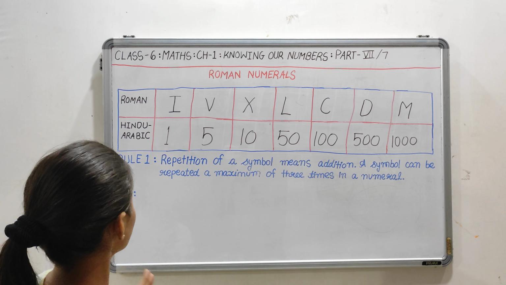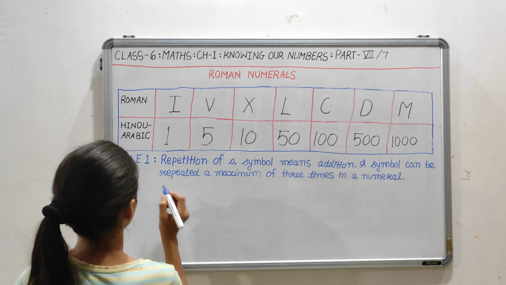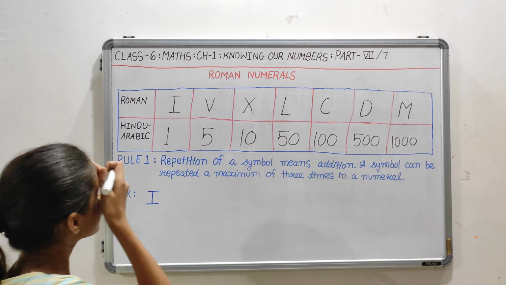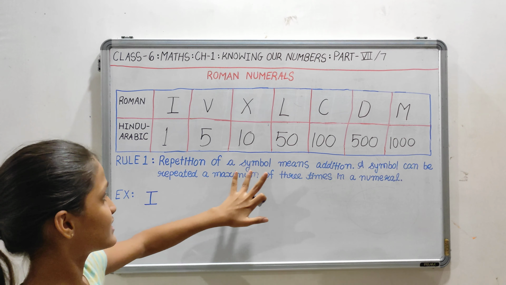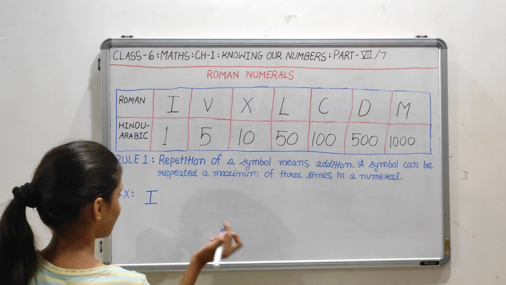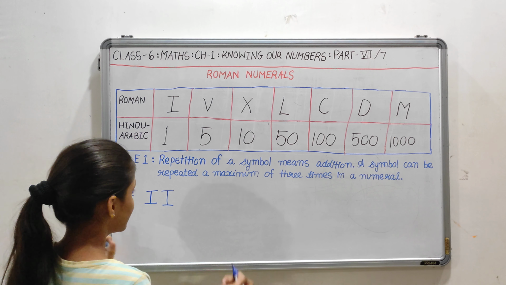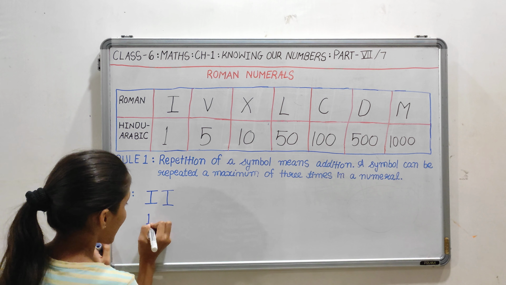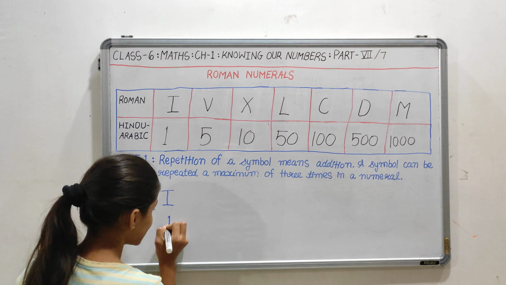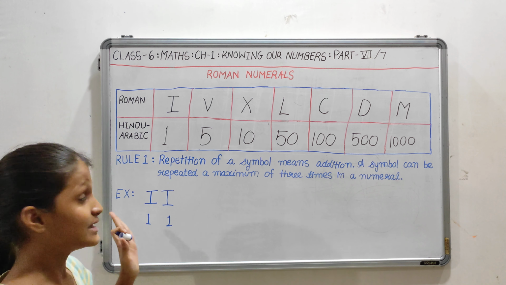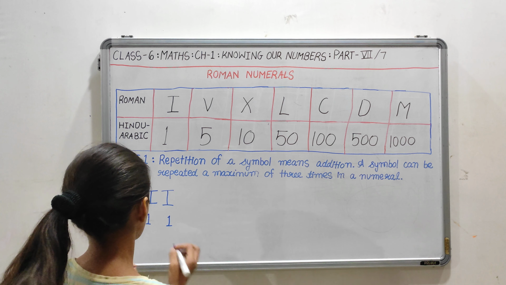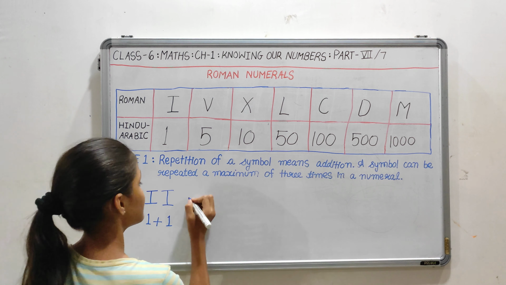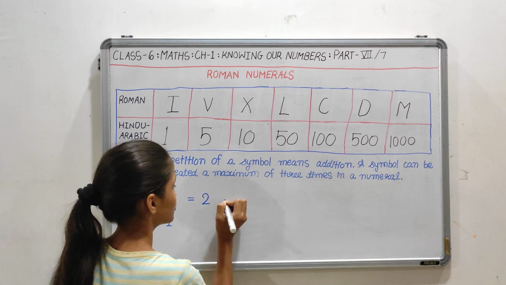Now let us take, for example, this I. Repetition of a symbol means addition. That means if this I is 1 and we repeat it, this I is also 1. It is repeated 2 times, so we add this 1 two times and we get our answer as 2.